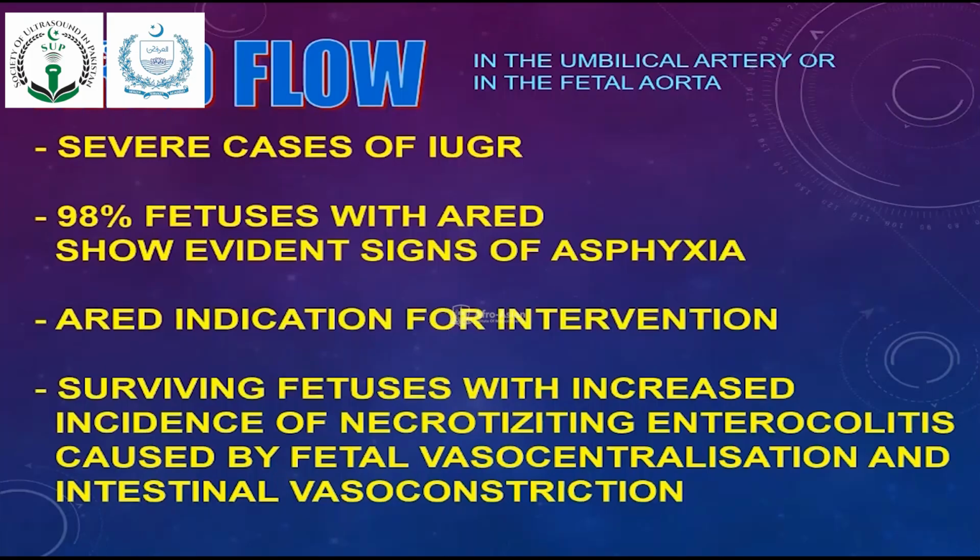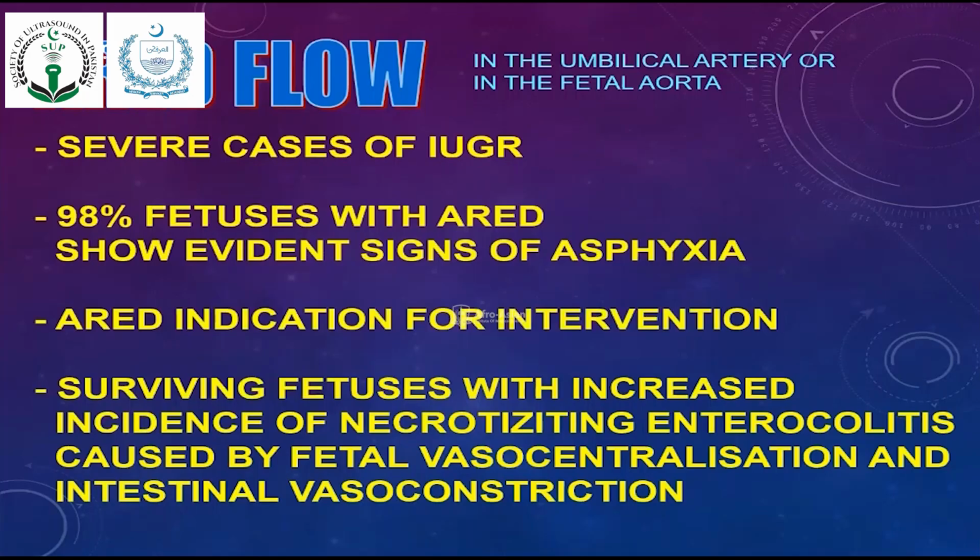So absent or reversed end diastolic flow in the umbilical artery or in fetal aorta. In severe cases of IUGR, 98% of fetuses with ARED show evident signs of asphyxia. So if we have absent or reversed end diastolic flow in the umbilical artery and fetal aorta, 98% of fetuses are indicating asphyxia.